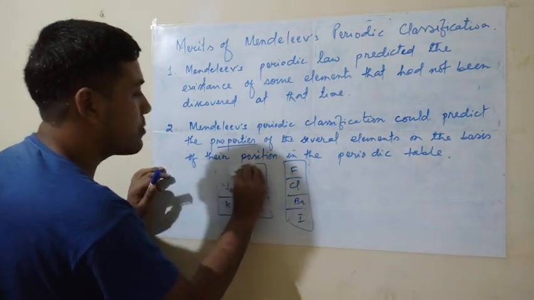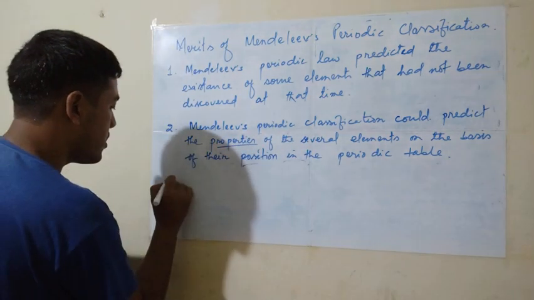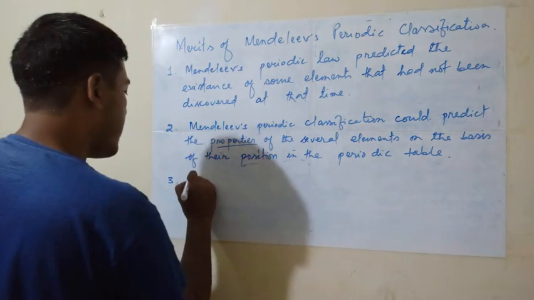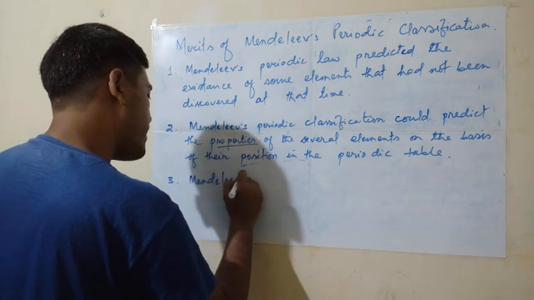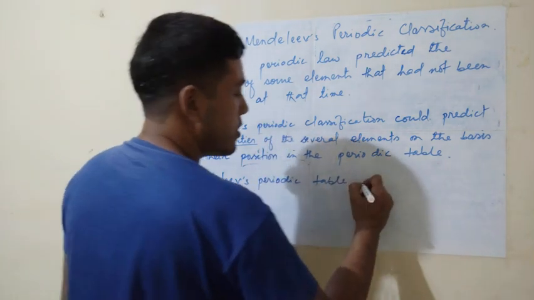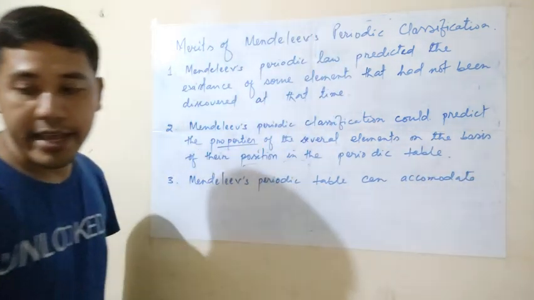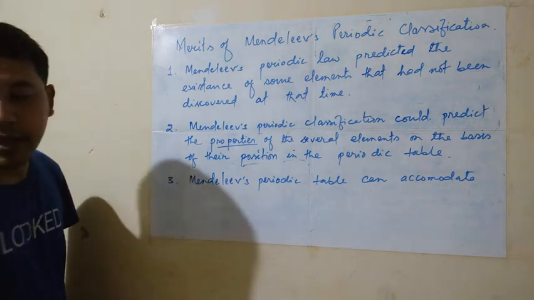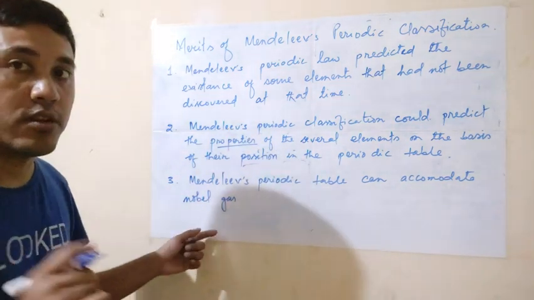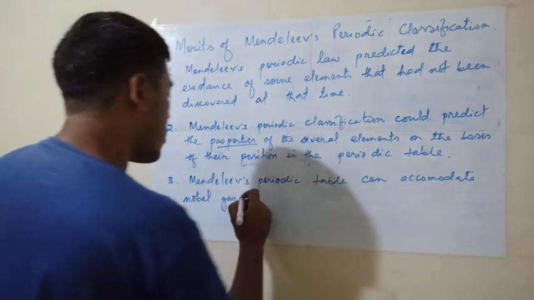Next, the last point, number 3. Mendeleev's periodic table could accommodate noble gases. But the noble gases were not discovered at that time.